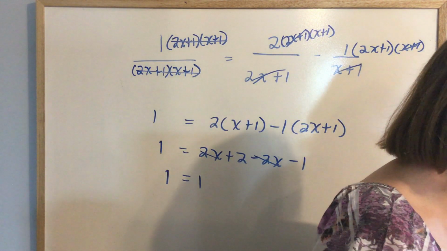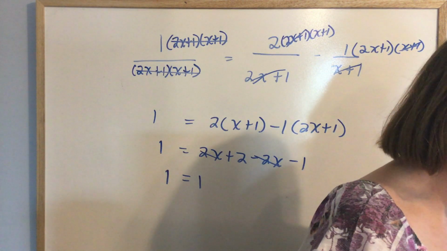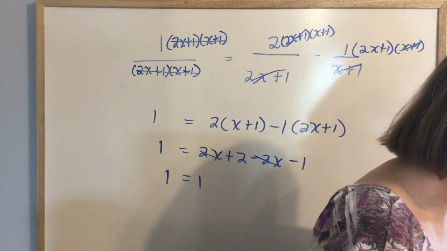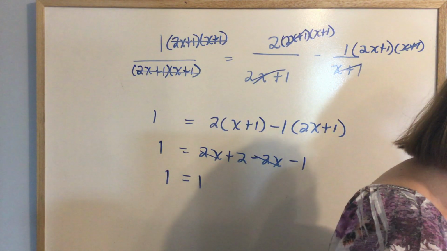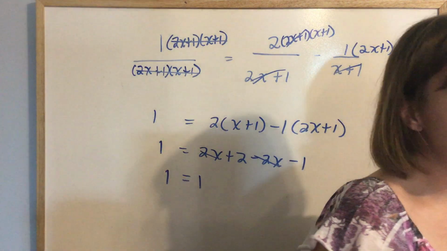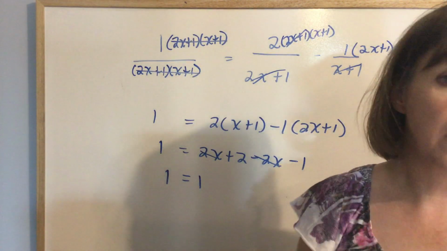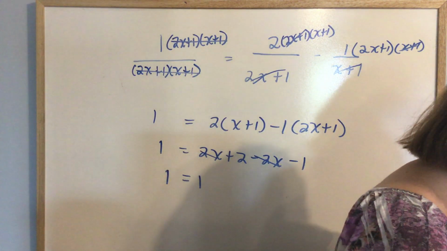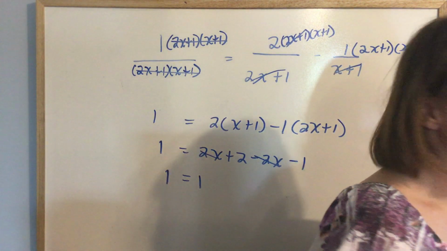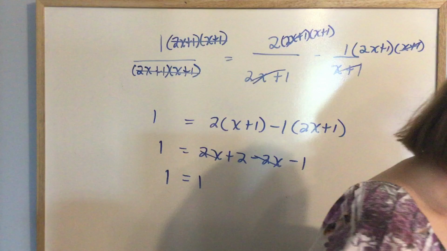So my answer would be that any x would work. So x would be any real number. Now, again, the chances of that happening are slim. If I had ended up with something like 1 is equal to 2, that would mean it's not true and there was no solution at all.